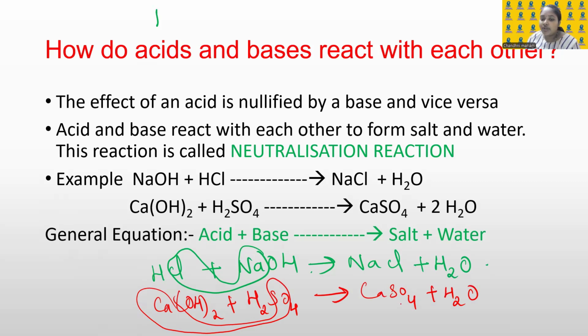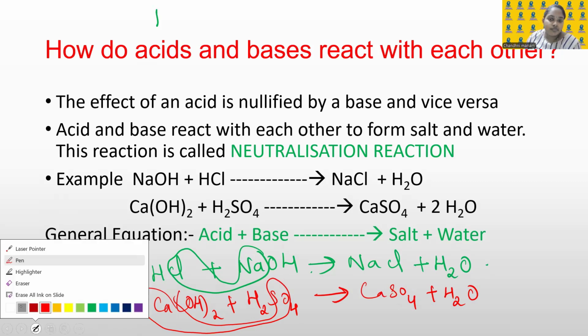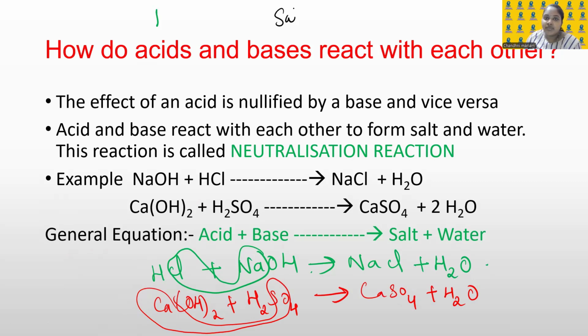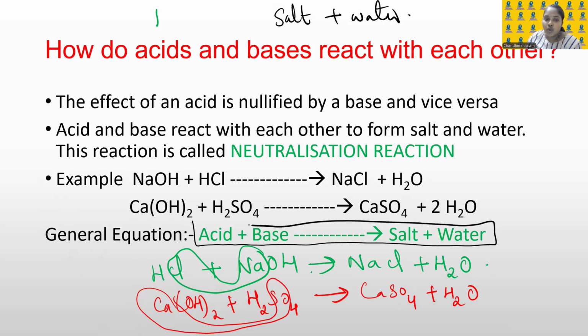What can we infer from this? Whenever an acid reacts with a base, the products formed are salt and water. So the general equation is acid and base react together to give salt and water.